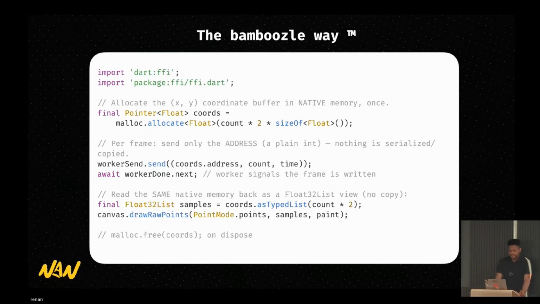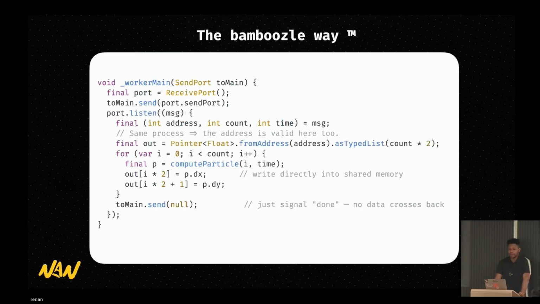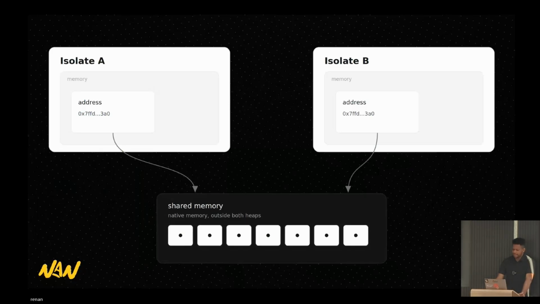So you only need to have that list allocated once, and you have the memory address, so you can send the isolate, upon creation, the address of that list, and then the isolate will be able to write to the address. So we allocate only once in the main isolate, and the worker isolate will only need to write to it. In the end, we have this shared memory outside of the Dart heap.